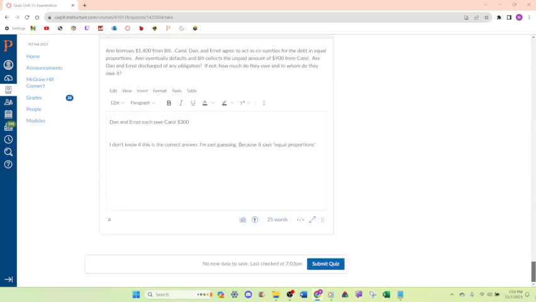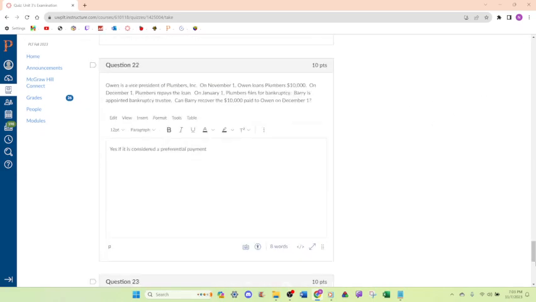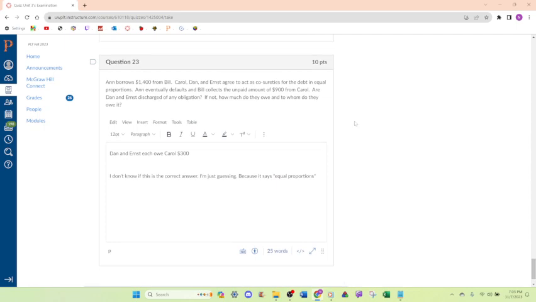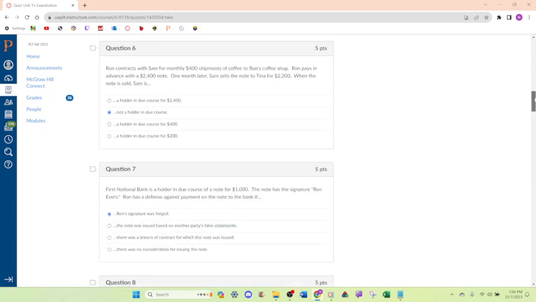Why would it say equal proportions if that means they are all liable in equal proportions for that amount? Why would the words equal proportions even be in there? But then for the other question, it doesn't say equal proportions.